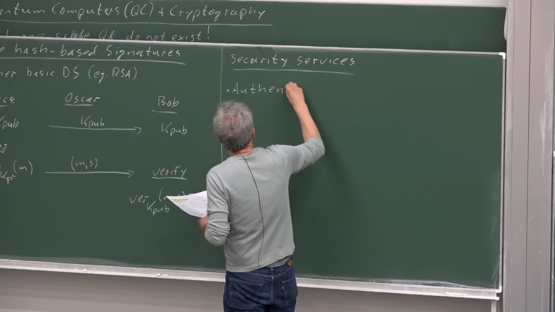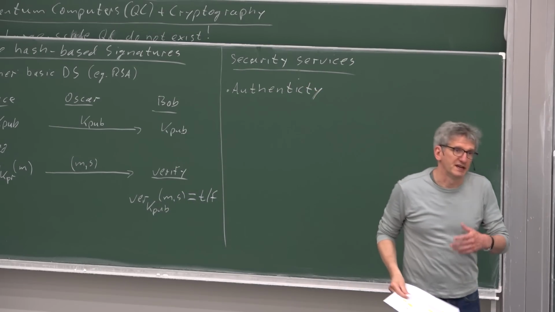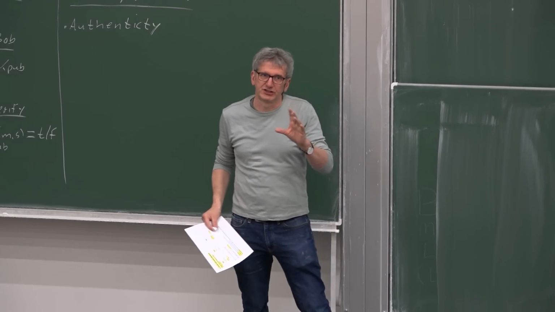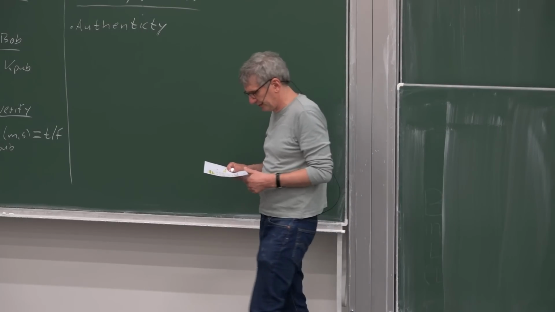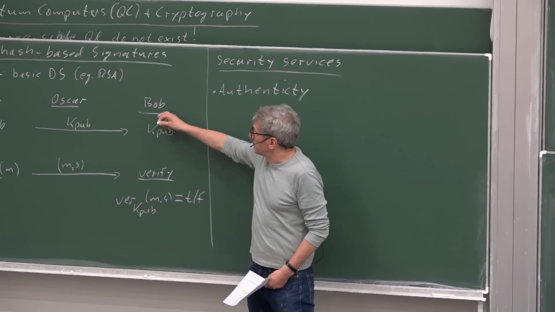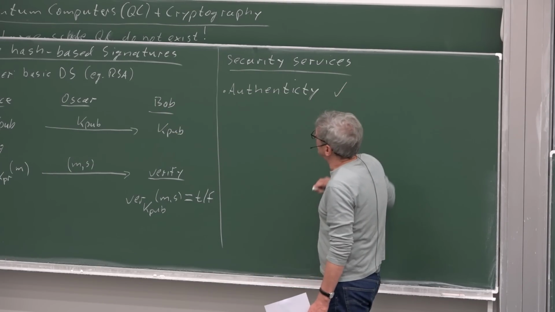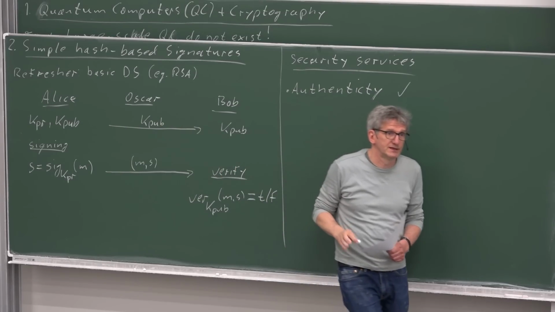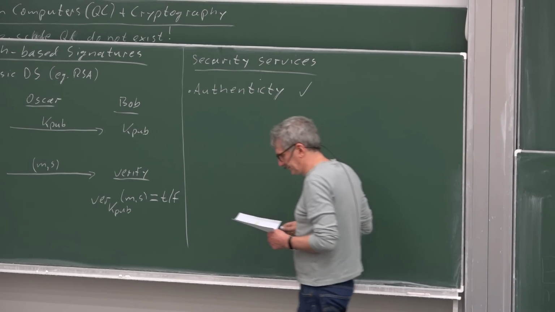So authenticity, meaning, and honestly, even in the literature, they're not very exactly defined, right? Authenticity, what we really mean here is sender authenticity, meaning can Bob be assured that this message is coming from Alice? Yeah, so authenticity is Bob with respect to Alice, right? You can also achieve that with symmetric. We're going to talk about that in a few weeks.